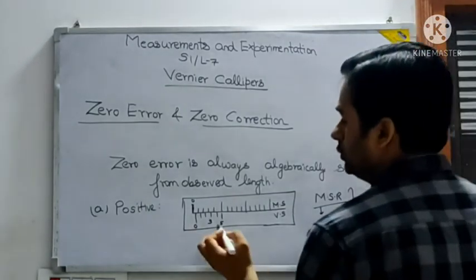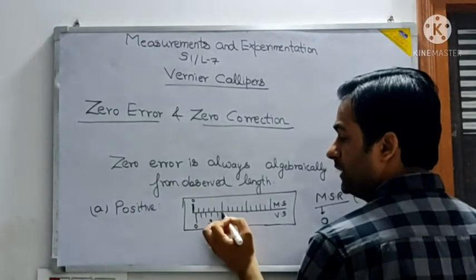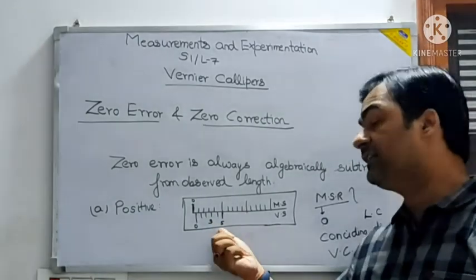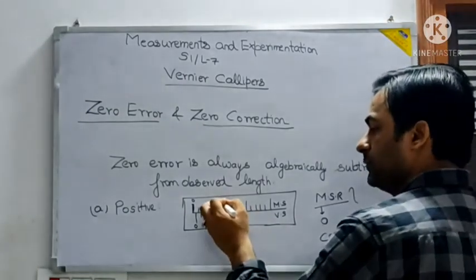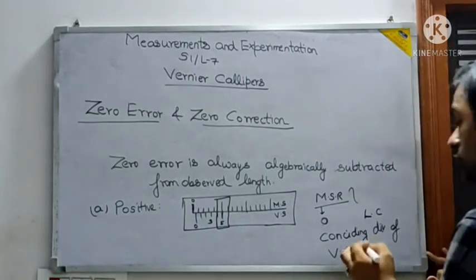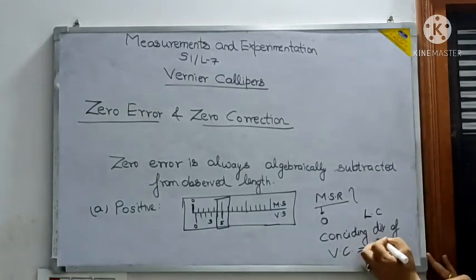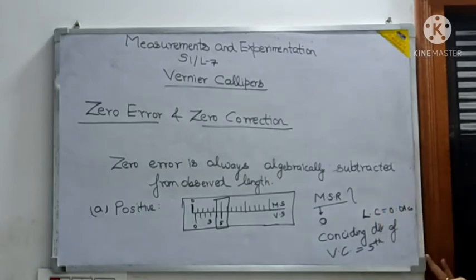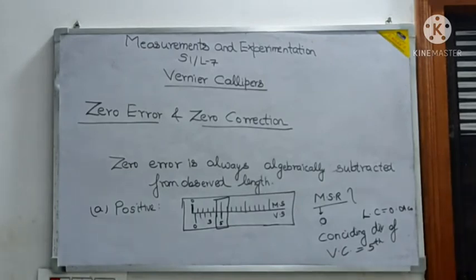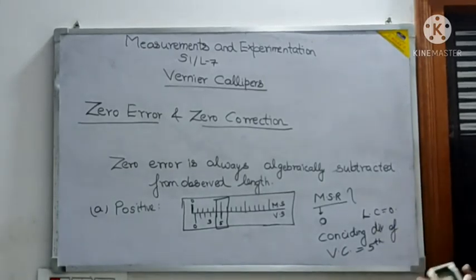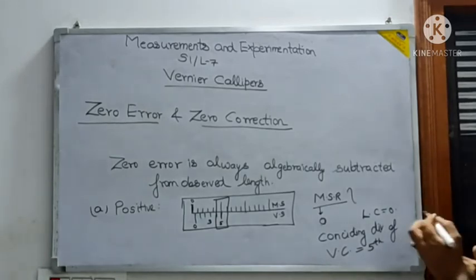So 0, 1, 2, then 3, 4, 5. Now see here, though I have drawn it intentionally, you can find that the 5th division is coinciding. Check out properly. The 5th division is coinciding. Least count you already know, it is 0.01 centimeter.